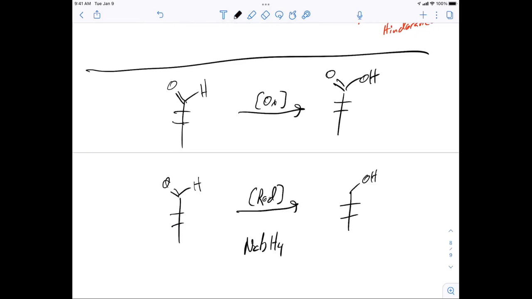There's a few other reactions in the chapter that aren't going to be on the learning objectives. Just focus on the ones that you've seen before. So you've seen reductions of aldehydes. I just showed one, right? And you've seen oxidations of aldehydes. There's some other ones that are shown in there on how to increase the length of a sugar, how to make a glucoside, different things like that.